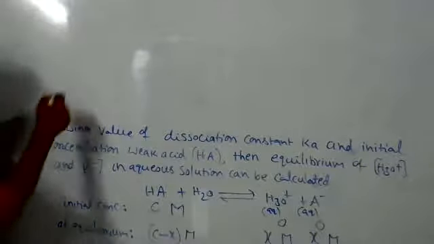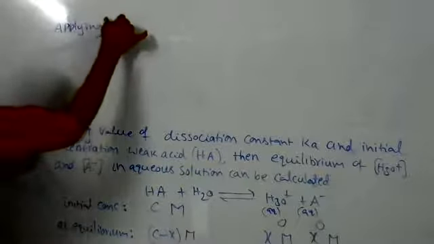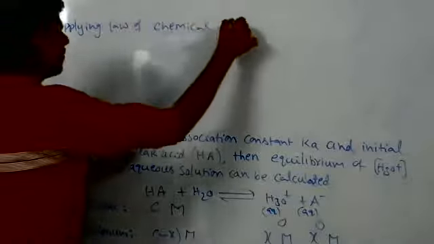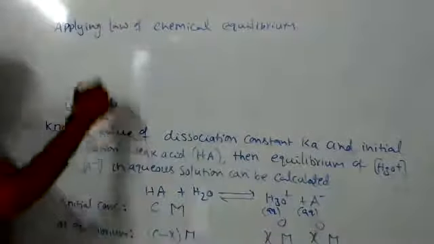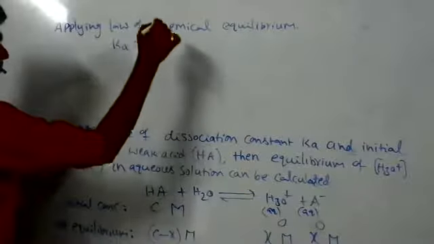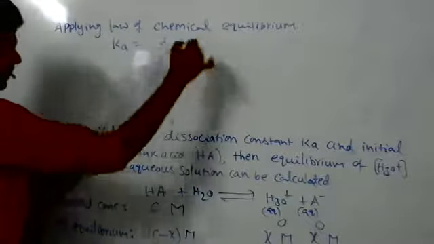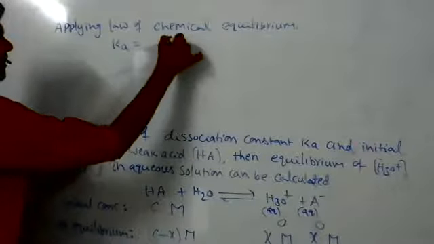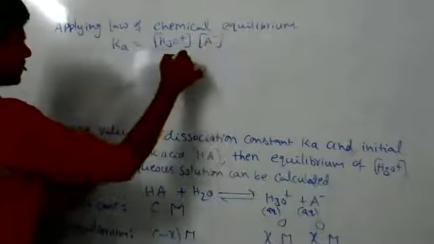So by applying the law of chemical equilibrium, Ka is equal to, first write the full formula, H3O plus concentration into A minus concentration divided by HA concentration.